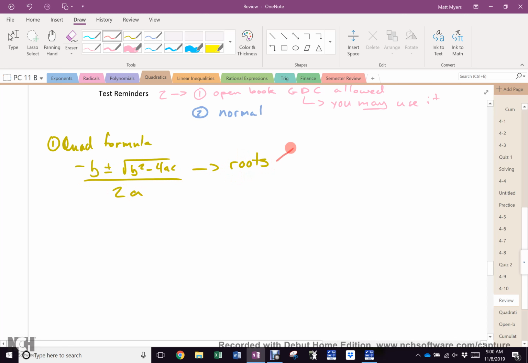That will find you the roots. There will always be one of 3 options. 2, 1. Is it really 1? No, but it appears as 1. Or 0. That is all from the b squared minus 4ac.